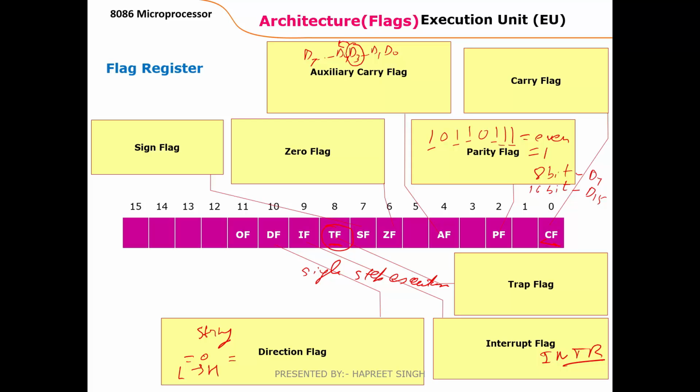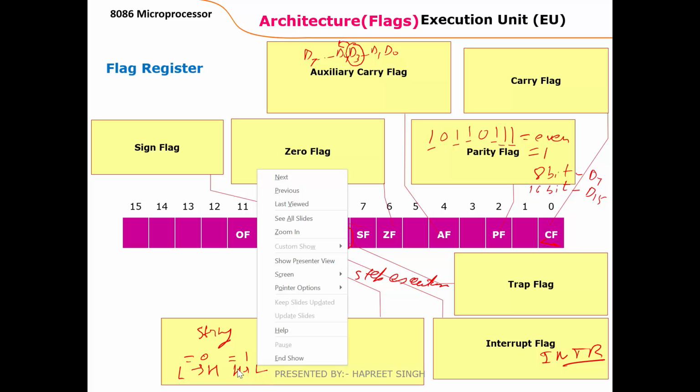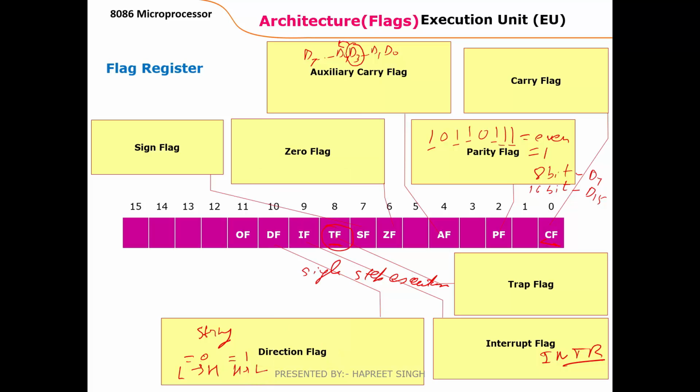If it is equal to 1, then the string is processed from higher to lower address. Now in case of 0, it acts as an auto increment mode. In case it is 1, it acts as an auto decrement mode.